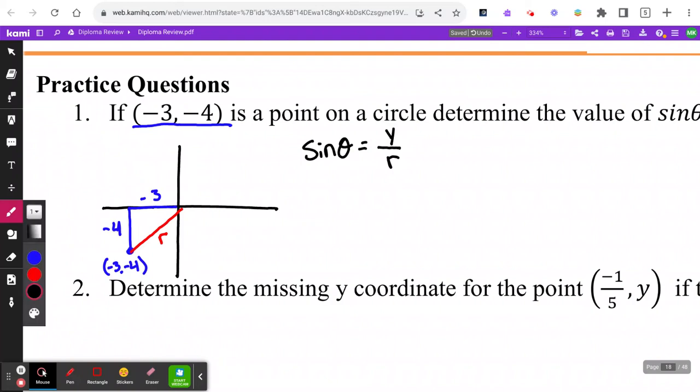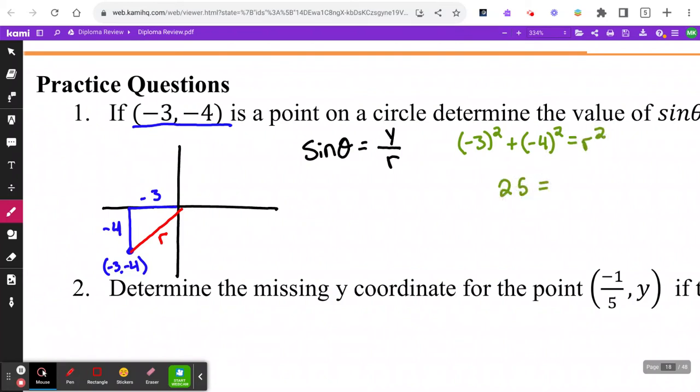It's a beautiful triangle. To find r, we're going to use Pythagorean Theorem. Pythagorean triples. You should get 25 equals r squared, which means 5 equals r.